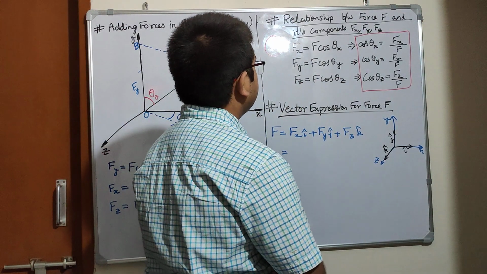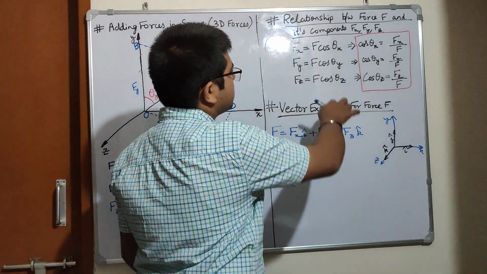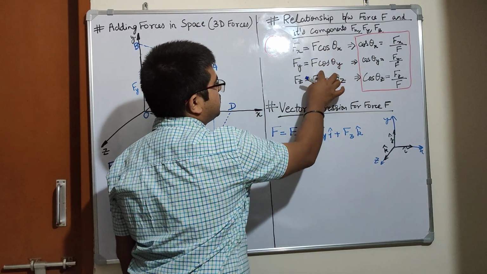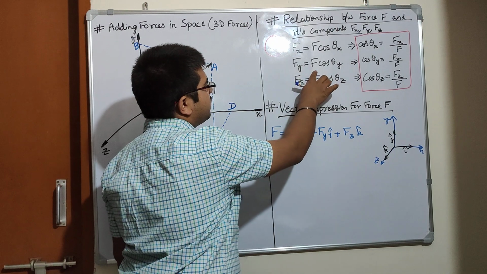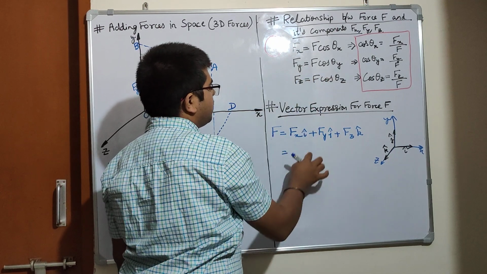We can substitute Fx equals F cos theta x here, and Fy equals F cos theta y here.